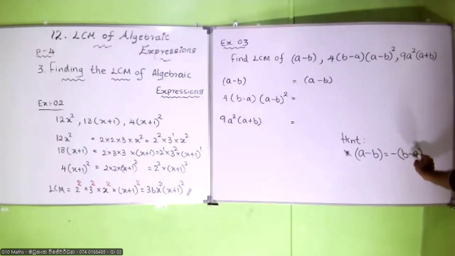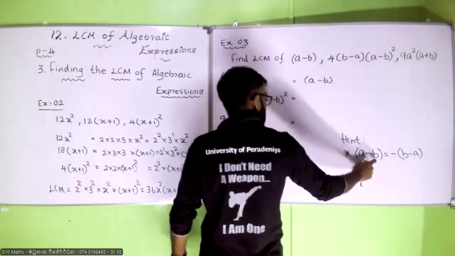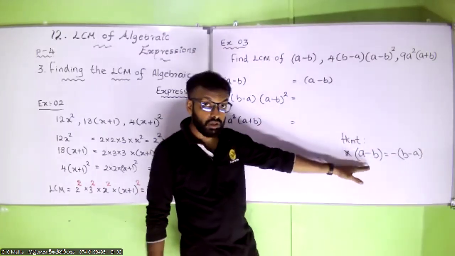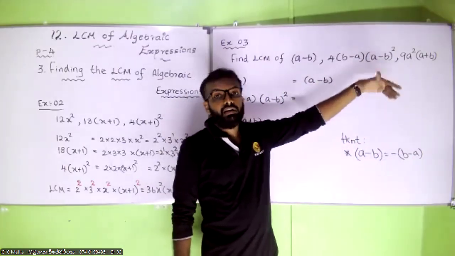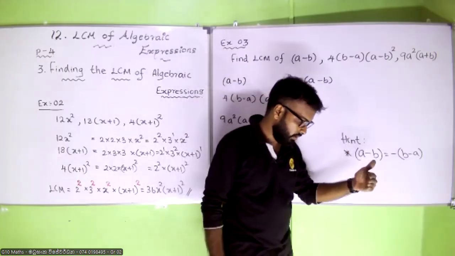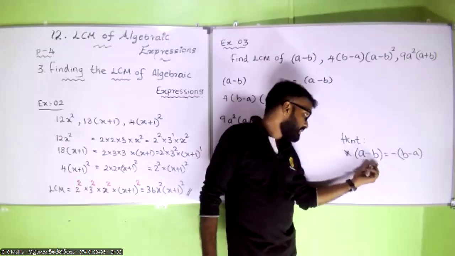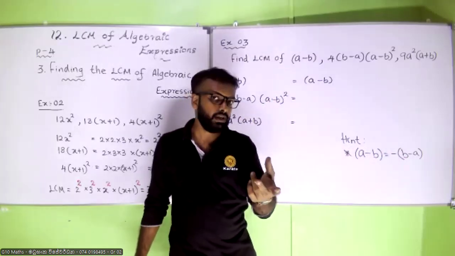The positions will be changed. When you take the negative sign out, very basically you are going to change the signs of a and b. Keep that in your mind. This is an important part in each and every lesson, in grade 11 and grade 10 furthermore. I told you this in the factors of quadratic expression lesson.